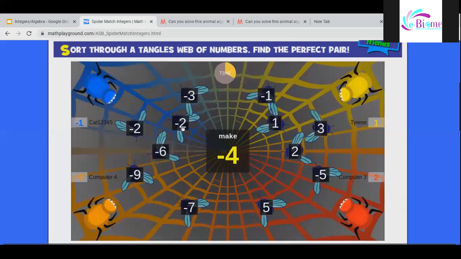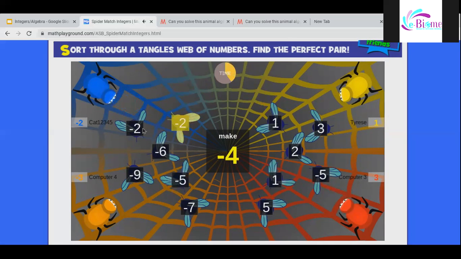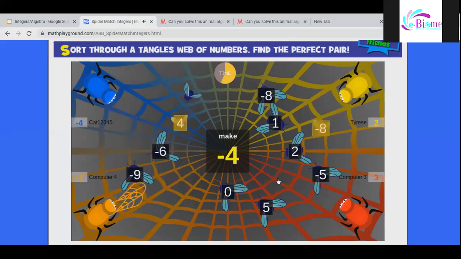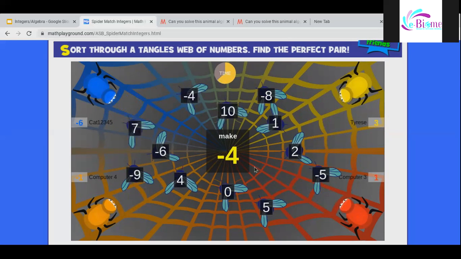Guys, what should I do? I take -2 and -2. No one wants to help me. -8. Okay, how do I make -4 here? Please, guys, -6, -2 and -2. Is there a -2 there?